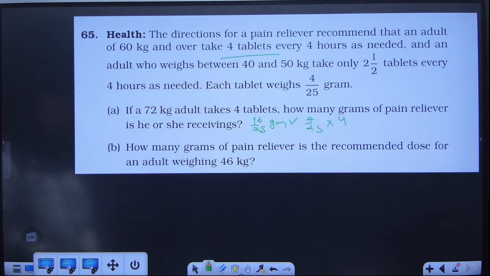How many grams of pain reliever is the recommended dose for an adult weighing 46 kg? 32 by 5 or 62 by 5 grams?